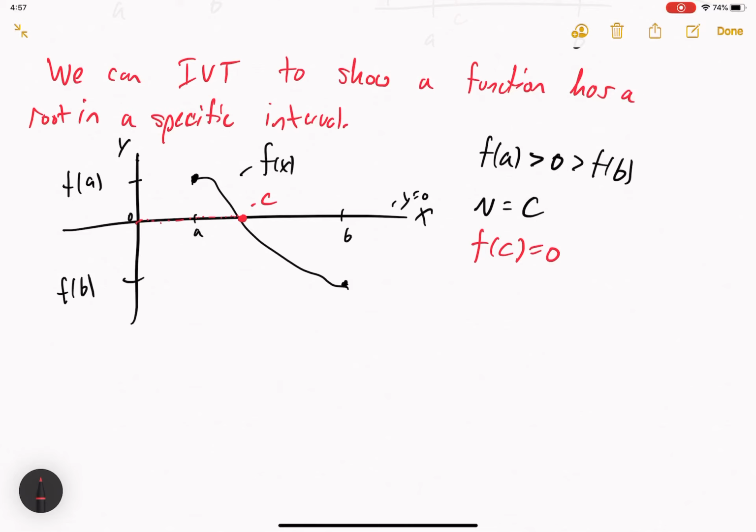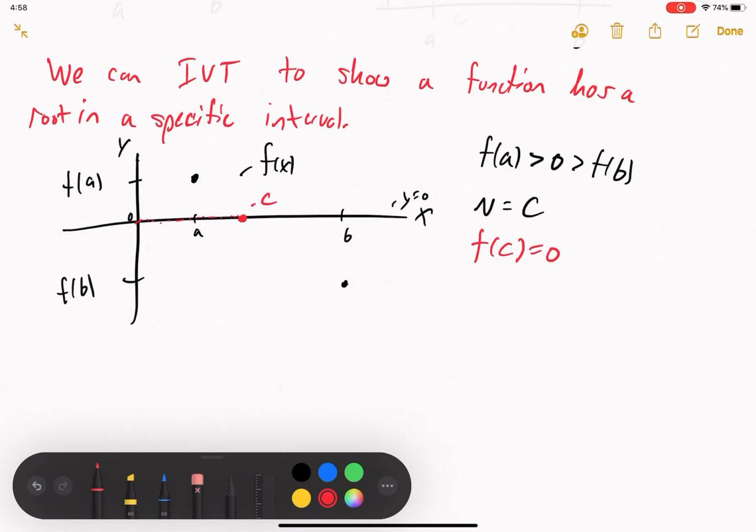So the only thing you need to show that a function has a root is just show that at one endpoint it's positive, at another endpoint it's negative. And that's pretty nice. And also there's one other thing that we can say, is that this doesn't even clarify if it's multiple times or not. It just says that it needs to happen at least once.